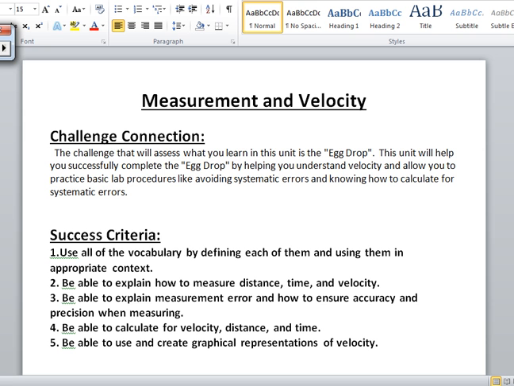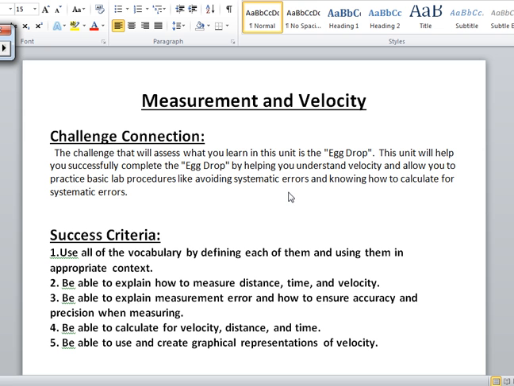Okay, now what this unit is going to do is just going to kind of introduce you guys to actually how to do a lab and a little bit about errors that you can come across during a lab. In addition, it's going to teach you guys a little bit about velocity.